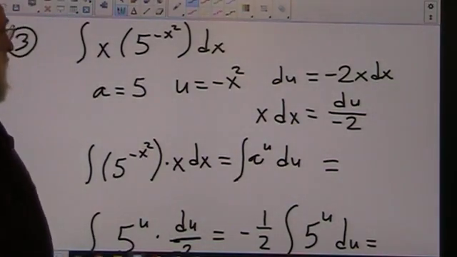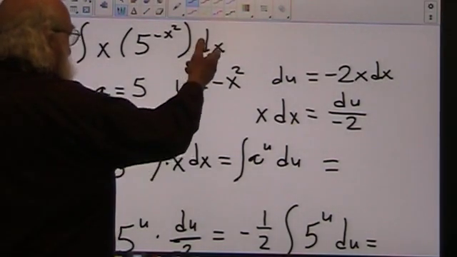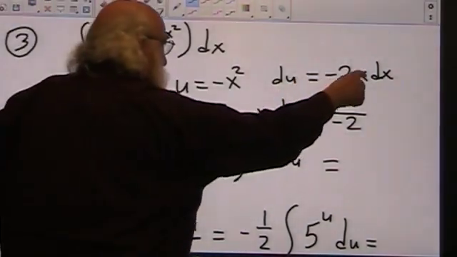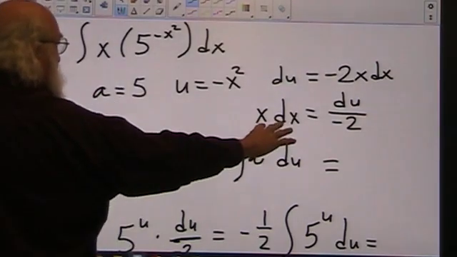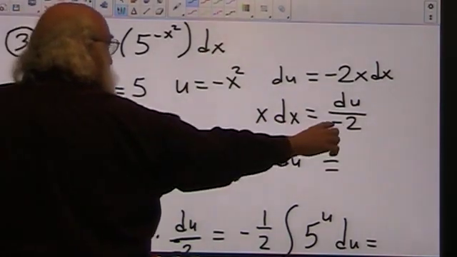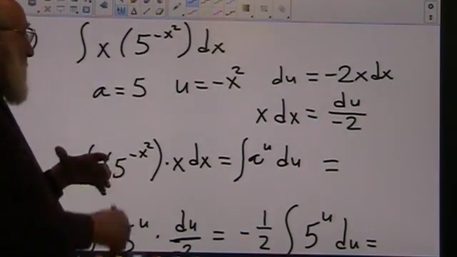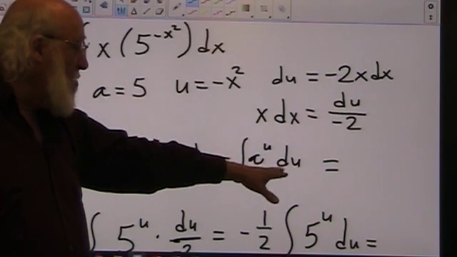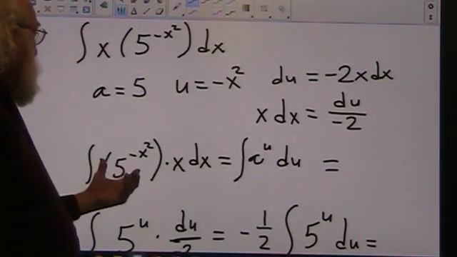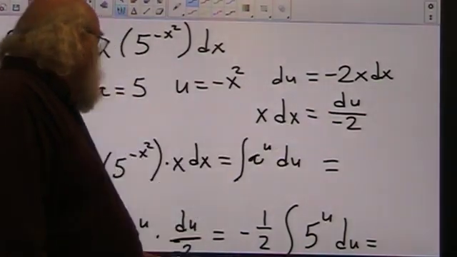If I want to get rid of the x dx, I simply divide by that negative 2, and I get x dx equal to du over negative 2. So I'm going to fit this format, integration of a to the u power times the derivative of u, by taking the x dx and replacing that with negative du over 2.